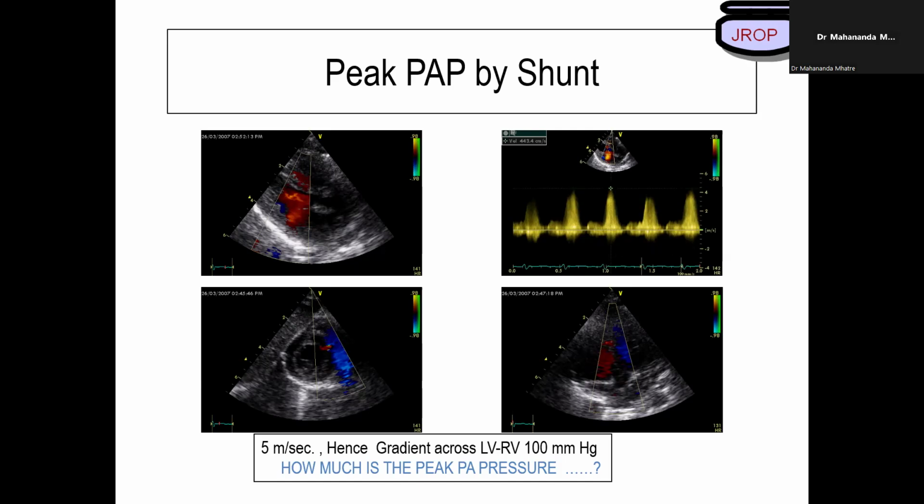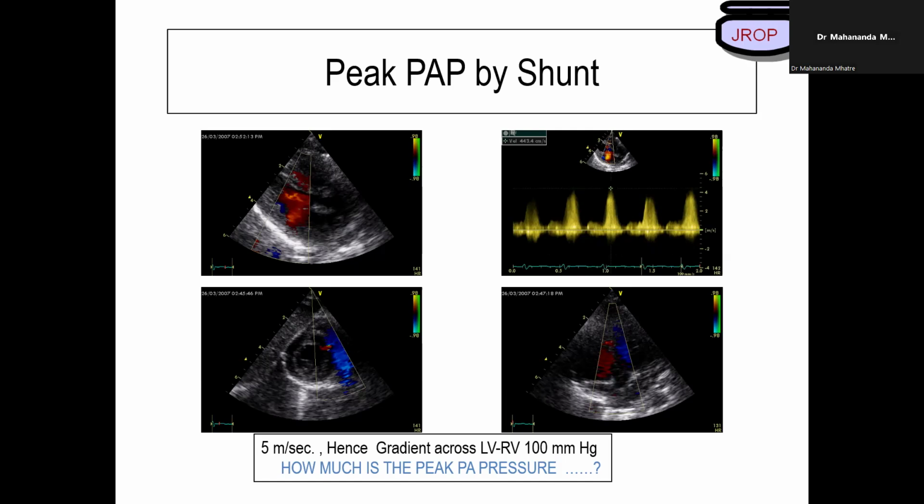Multiplied by 0.6. 36 multiplied by 0.6 will be 21.6. Add 2.1.